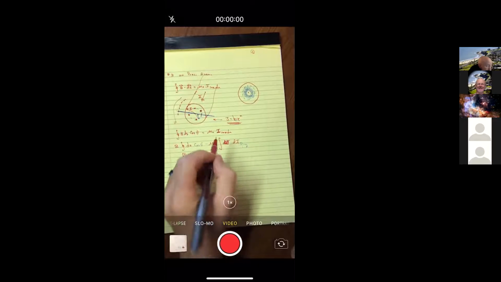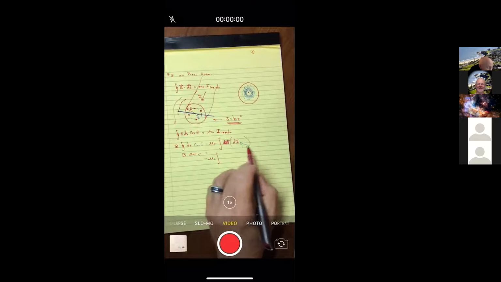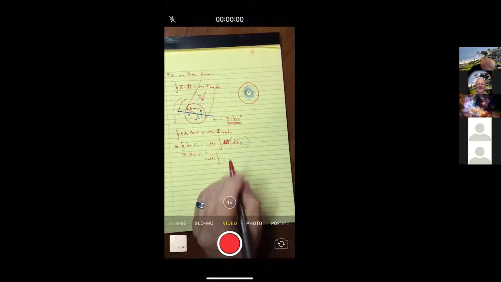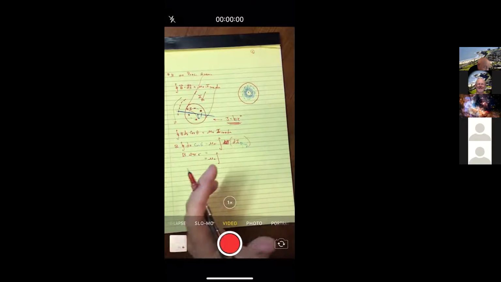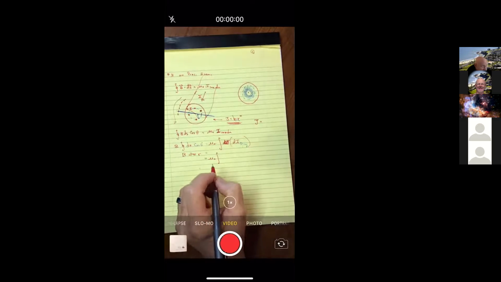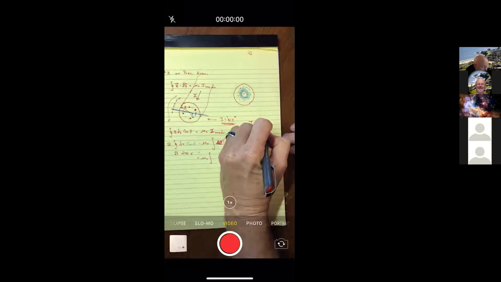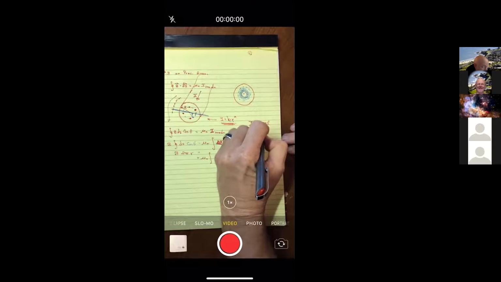And I'm going to say that I've got to add up a bunch of rings. So what would be the current in a ring? And now we're going to go back to density like we just did in that last problem. This thing called J is the current density. And the current density is the current, and I'll just spell it out, current in a given area.